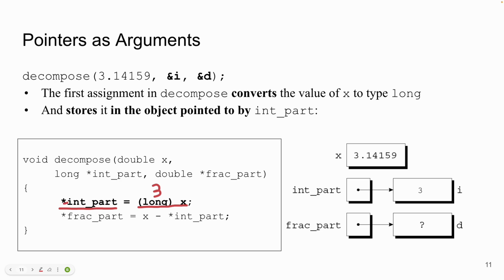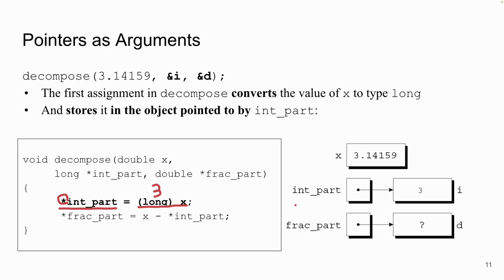In this case, the star symbol here is an indirection operator. So this entire expression applies the indirection operator to the pointer variable. The effect of the indirection operator is to access the object this pointer variable points to.